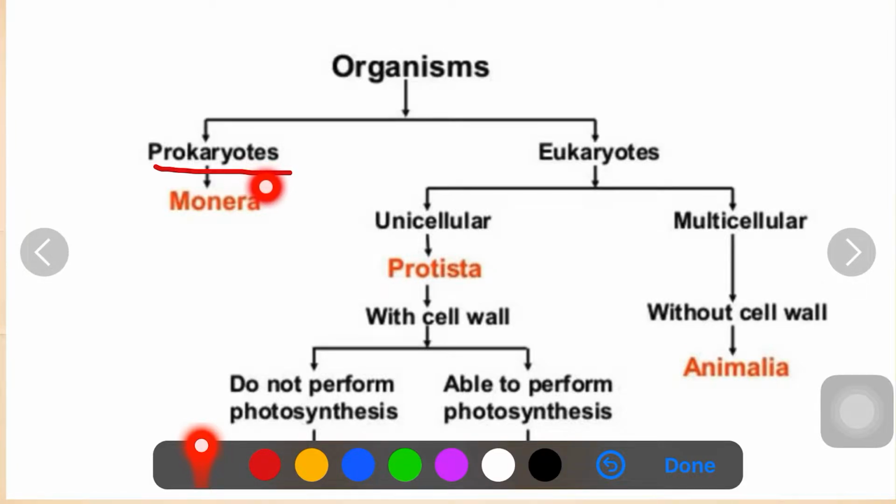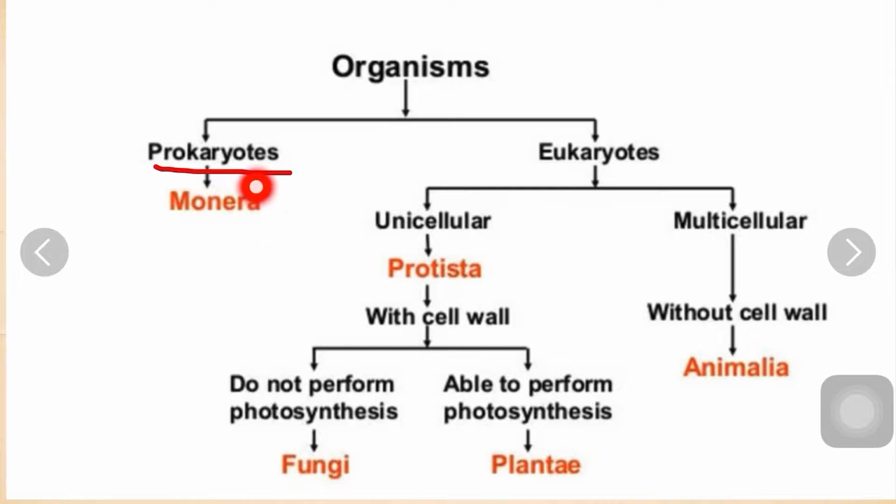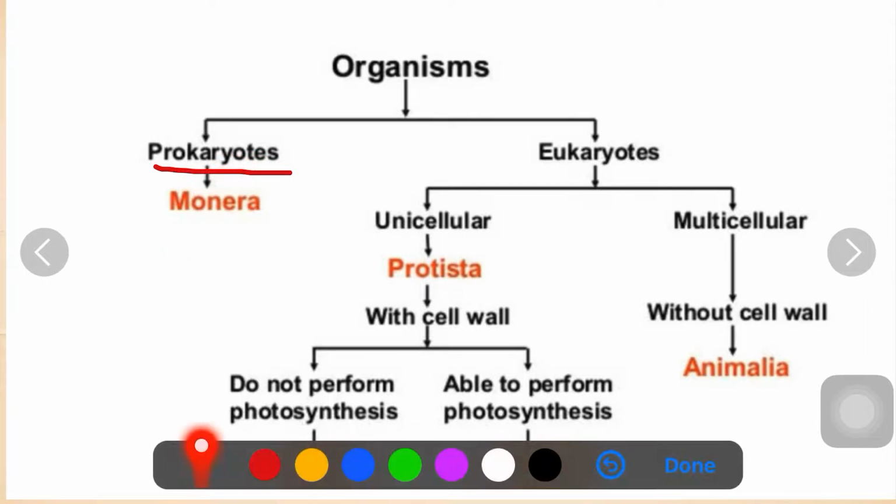Organisms within the domains bacteria and archaea have prokaryotic cells, while other forms of life are eukaryotic. Students, prokaryotes have a single cell, but that is also a primitive cell. This consists of the kingdom Monera.